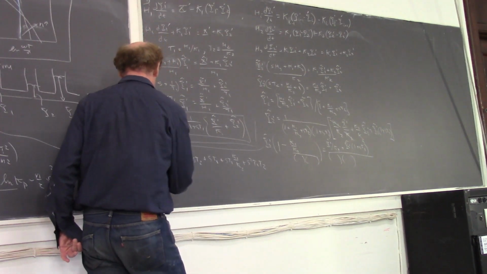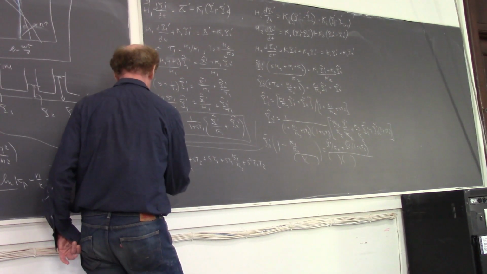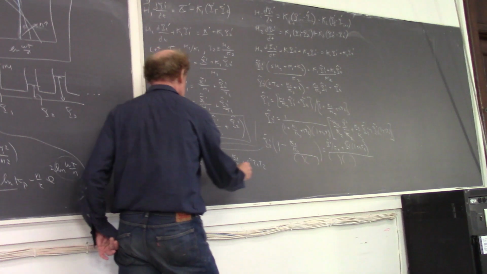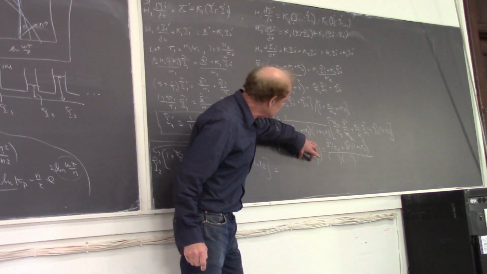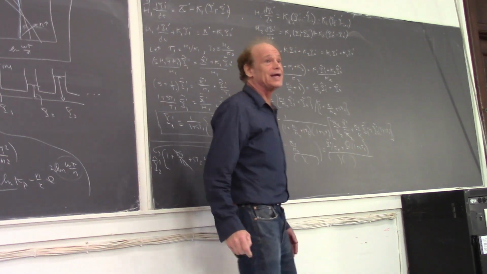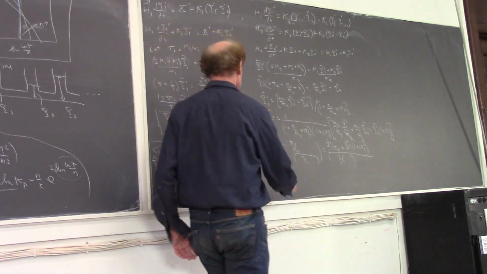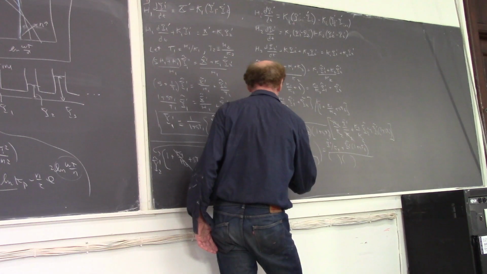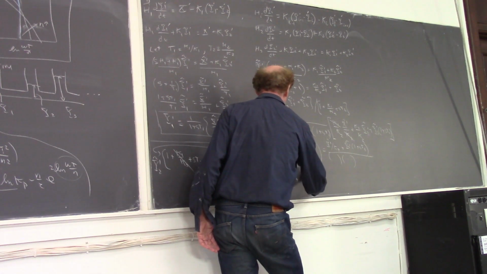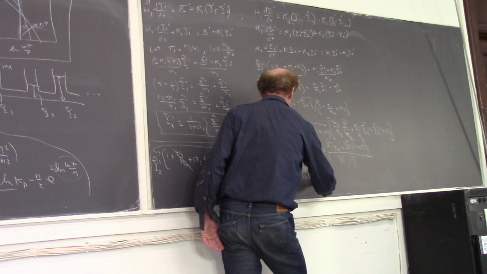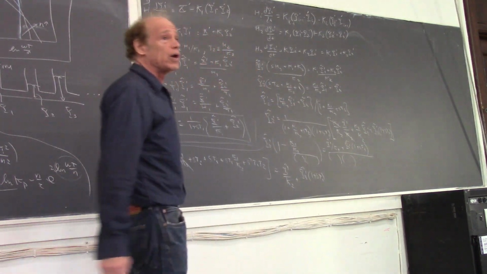So I have y2 prime tilde times this. And now I've got this denominator here and here, so I can cancel the denominators. It's just equal to x prime tilde over k2 plus y3 prime tilde times 1 plus st1. So what did I do?